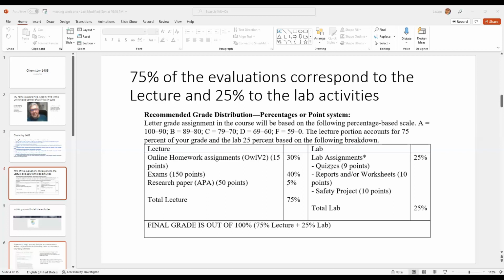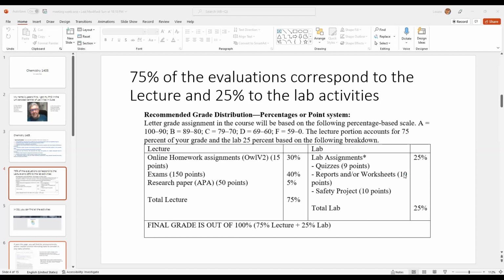In the lab, you will have every week a quiz that is 9 points. It's a simple question about the task that we are having in the lab the corresponding week. And you will make a lab report or a worksheet, one or the other every week.